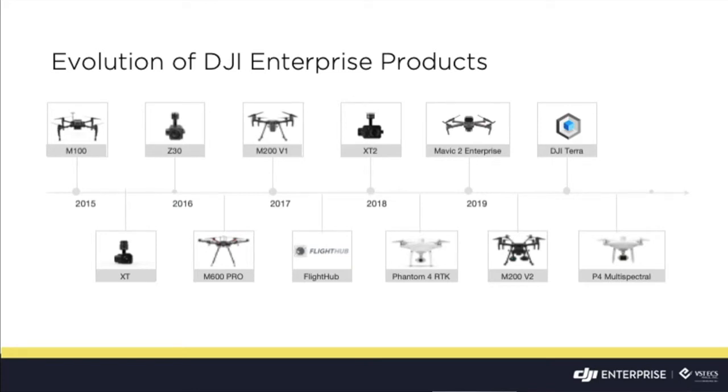From Flight Hub to Phantom 4 Multispectral, it was more about enabling applications with specific solutions. Now we are ready to set new standards for the new industry with the Matrice 300 RTK. We will discuss each model and its most used application or use cases depending on the industry.